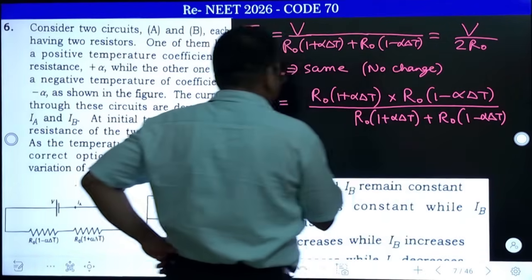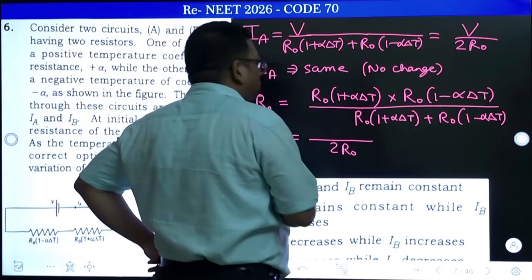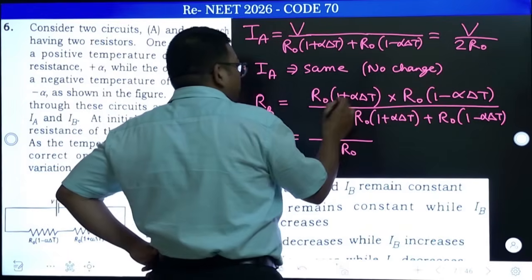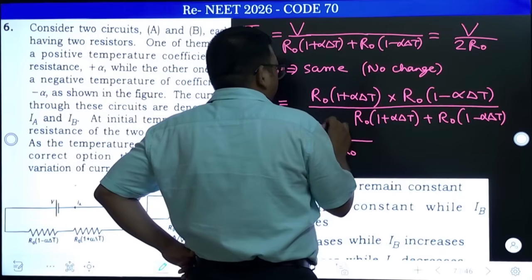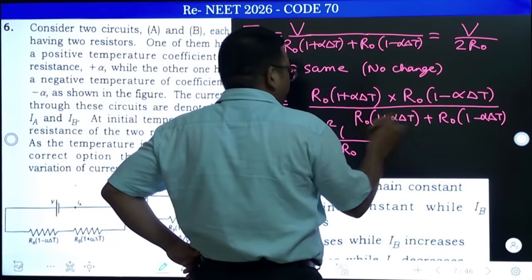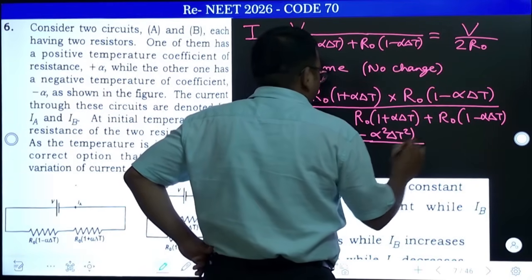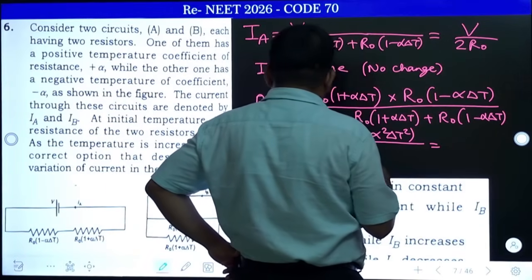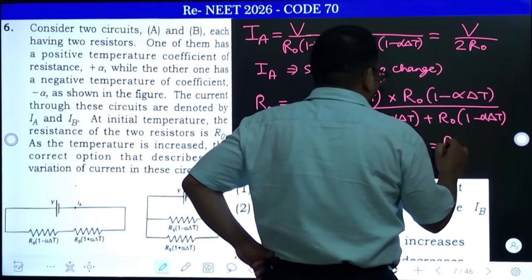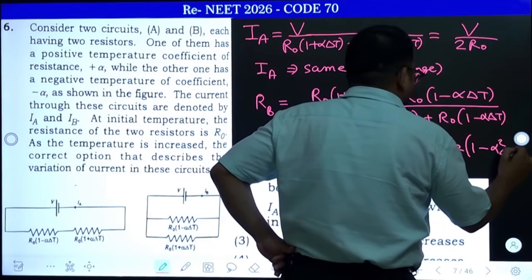So what happens here? The denominator becomes 2 R0. These terms will get cancelled, and the numerator is R0 square into (1 minus alpha square delta T square). So this is going to be R0 by 2 into (1 minus alpha square delta T square).